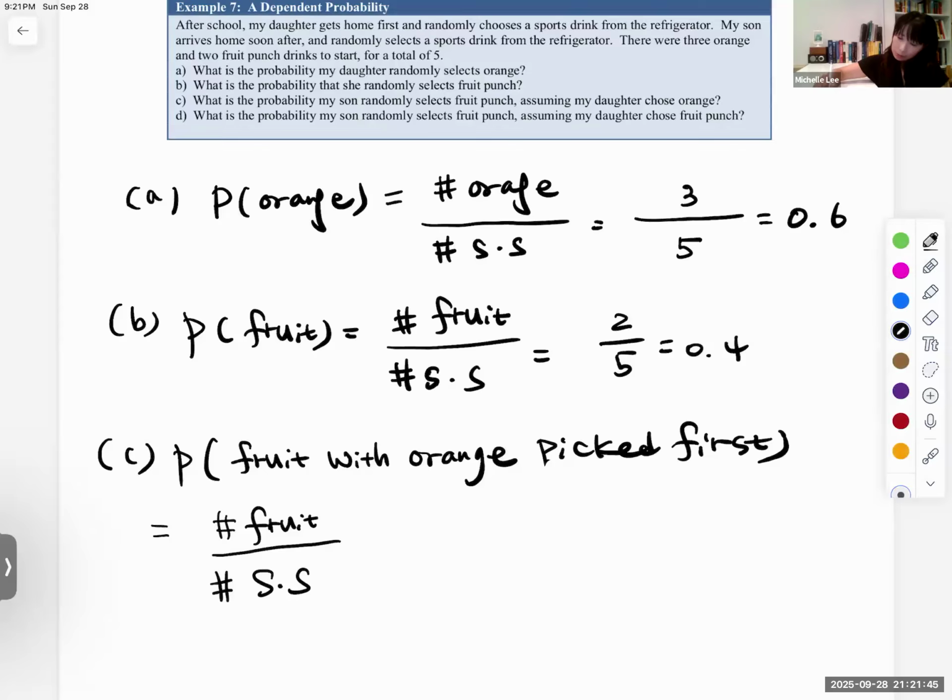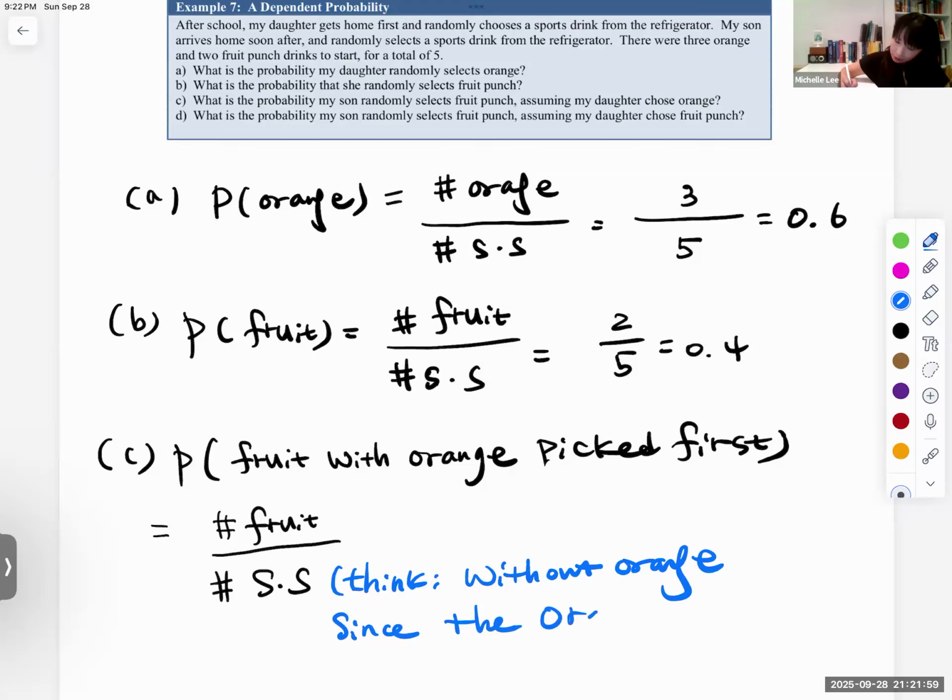So without orange, since one orange was picked earlier, right?